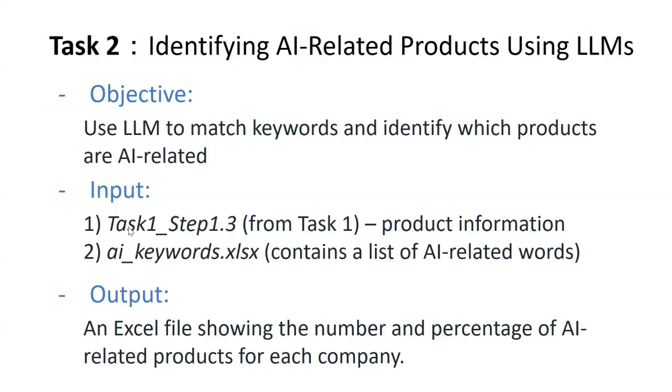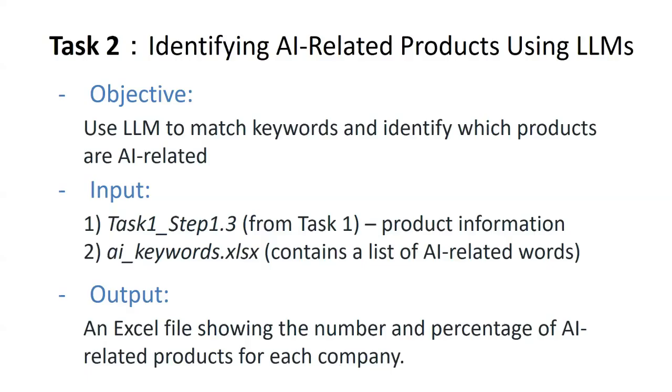The input here is the output file from the previous step, and the output file shows the AI products. So this task is dependent on the previous task. The input file is the product file from the previous step. The output file is how many AI products the company has.